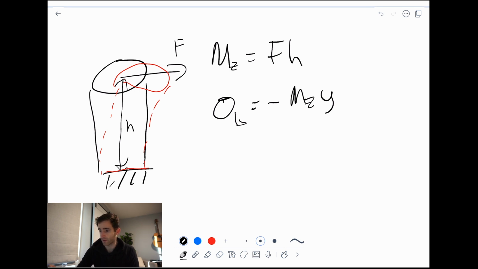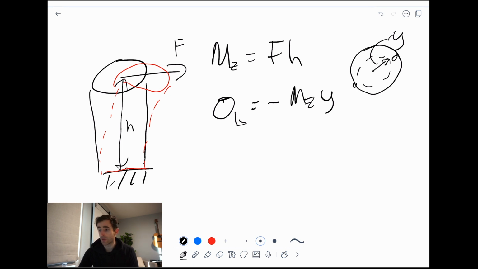So if we look at this cross section as a circle, y would be however far out from the center, or from the neutral axis, we are looking at this stress. So max stress in this case would probably occur right at the edges.